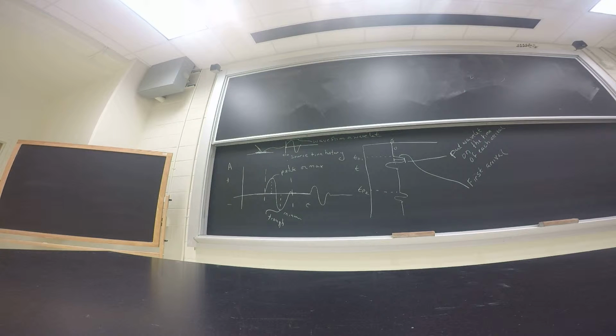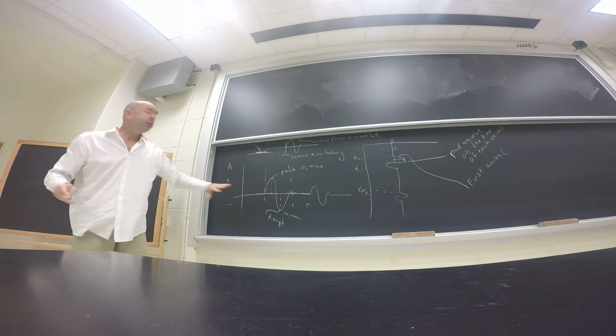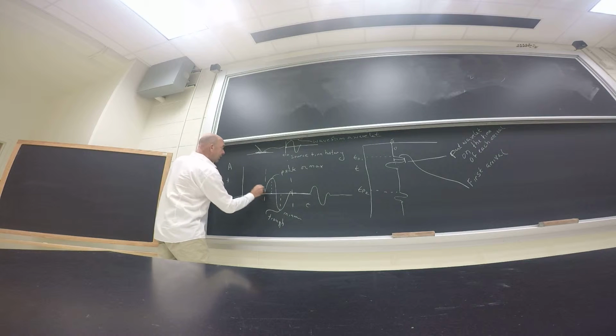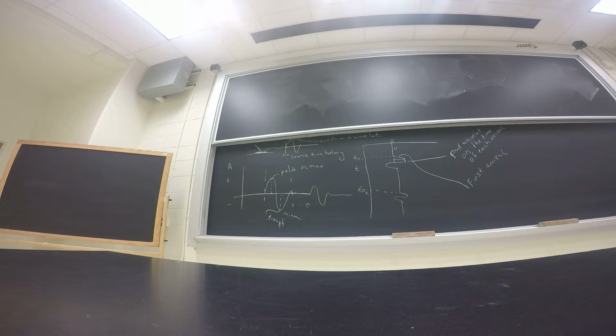We take a straight average of the waveform, what do we get? 0. So we have to do something like an average absolute amplitude, or we could do something like an RMS amplitude, which is basically the sum of the squares and the square root of that, divided by the number of samples in the waveform.